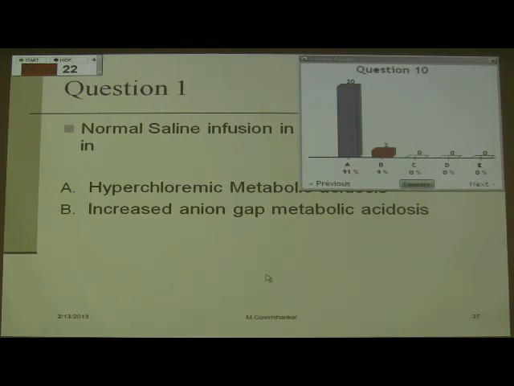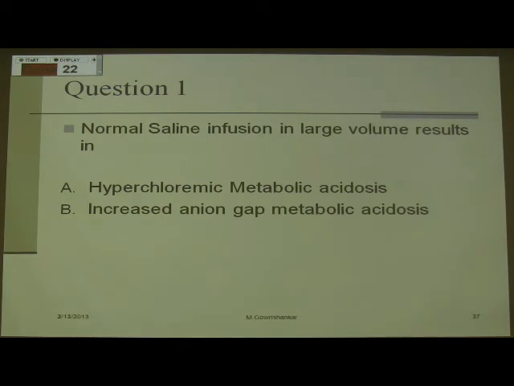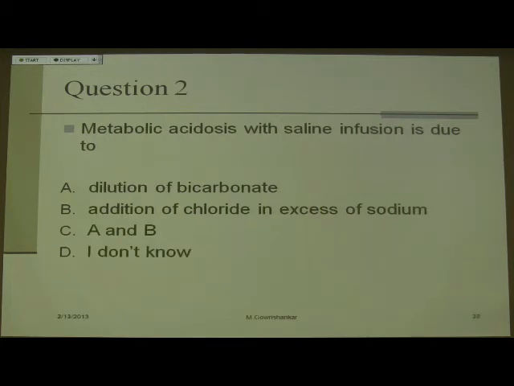Great, excellent. So the whole idea is whether it's apparent or not, from our definition of acidosis, we would call it hyperchloremic metabolic acidosis. But the important point is, what is it due to? So pick your answers again.